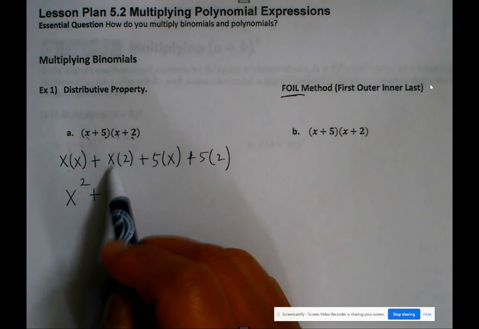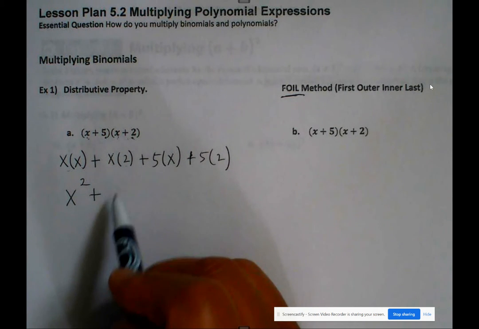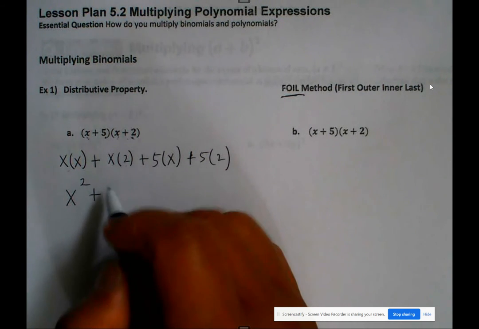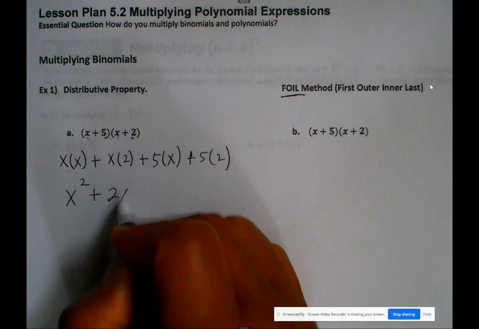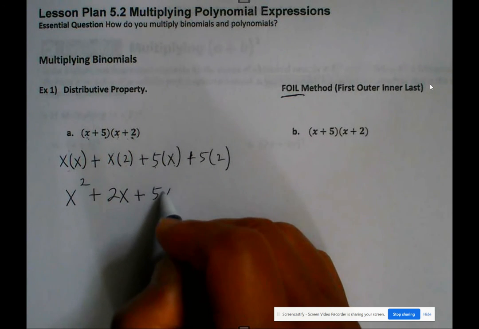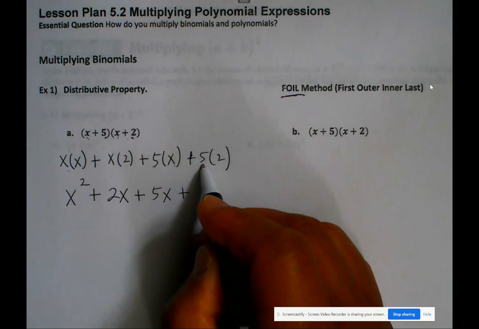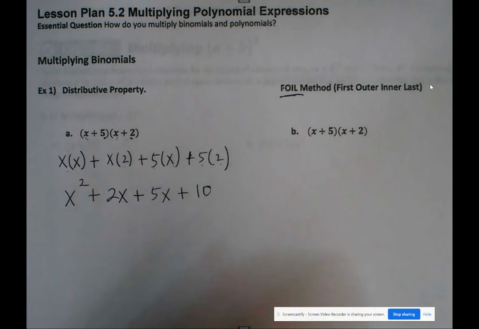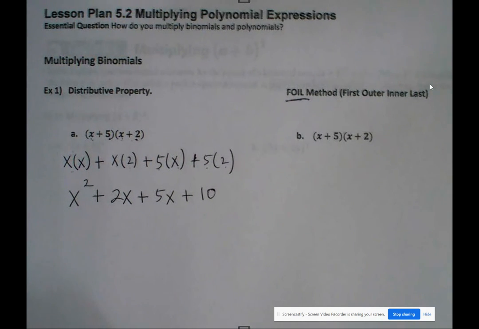And then we have x times 2. You want to put them in order. How do you put this in order? Usually you put numerical value in front of the x, okay? So put number in front of the x. So you have 2x. And this is 5 times x will be 5x plus 5 times 2 will give you 10. I'll give you time to copy that part.